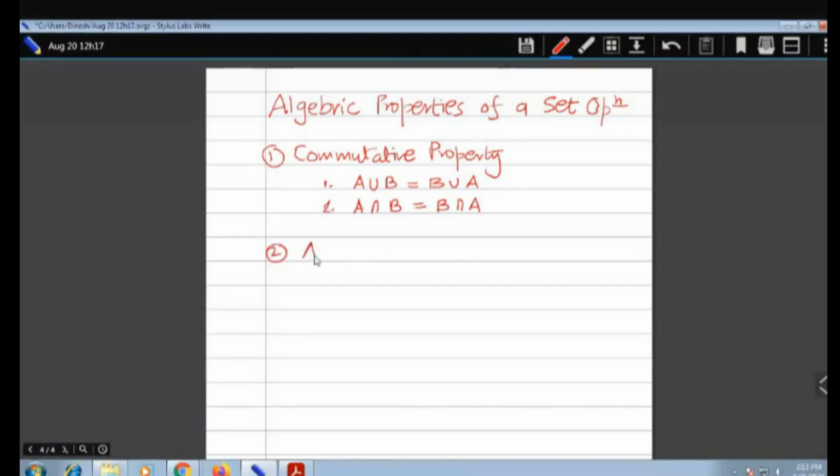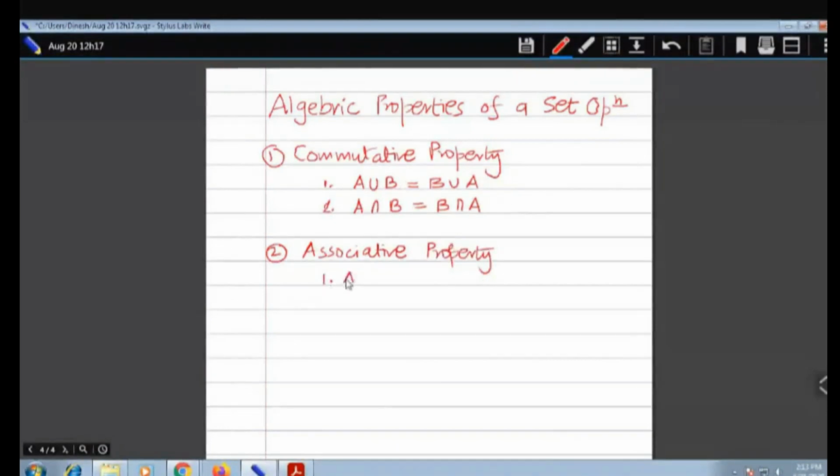Then we have the associative property. What do you mean by the associative property?